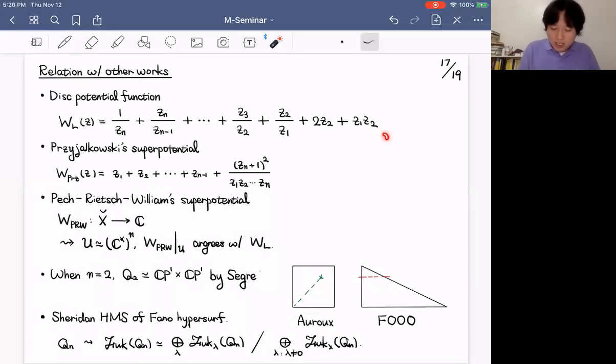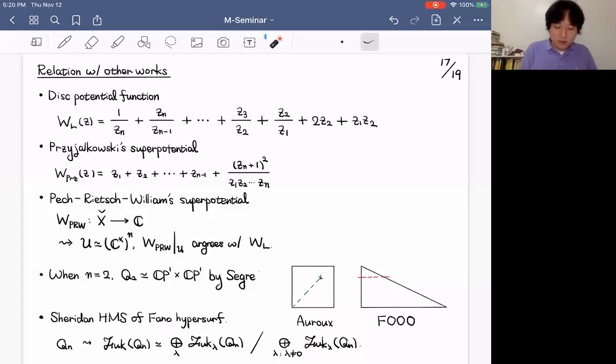Indeed, the potential function embeds into the Pech, Rietsch, and Williams potential as a closed chart. If you choose some closed chart, the restriction of the PRW potential agrees with the disk potential. Especially when n equals 2, the isomorphism between the quadric and CP1 times CP1 was studied by Auroux and then Fukaya, Oh, Ohta, Ono, and many others.